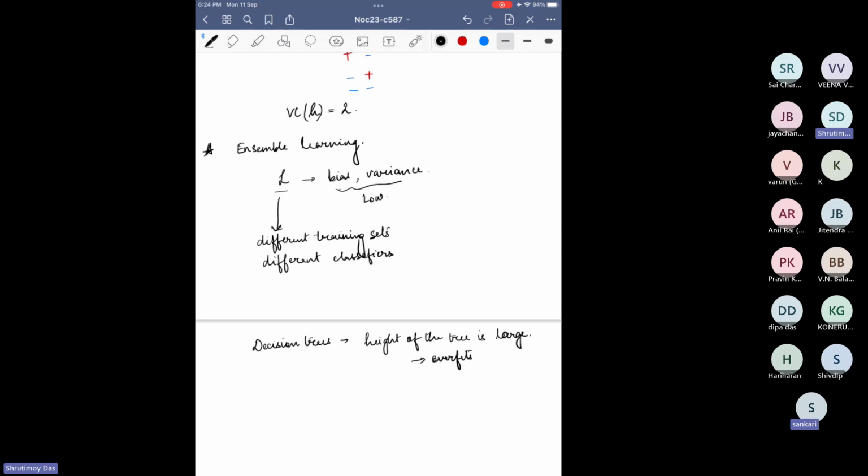That is why we looked into pruning methods, to contain the variance of these trees. These trees have very high variance.